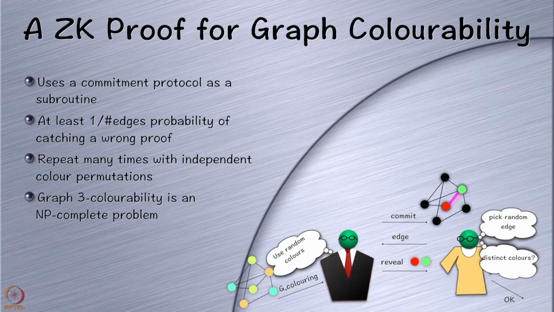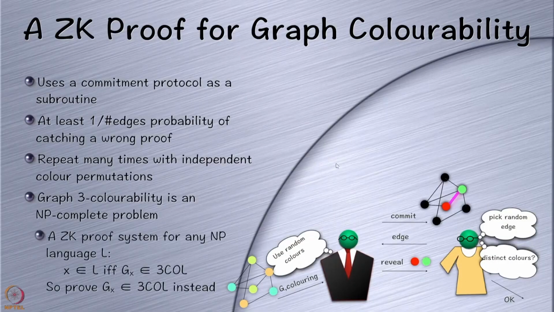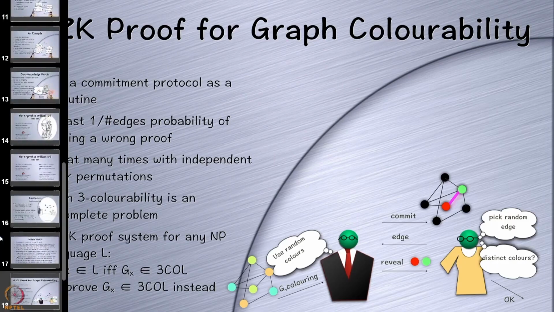We can transform that instance into a graph such that the graph is 3-colorable. So here is what it is. Suppose there is some language L which is in NP. For any x, there is an efficient transformation into some graph related to x, some graph representation, if you will, of x, such that x is in that language if and only if this graph is 3-colorable.